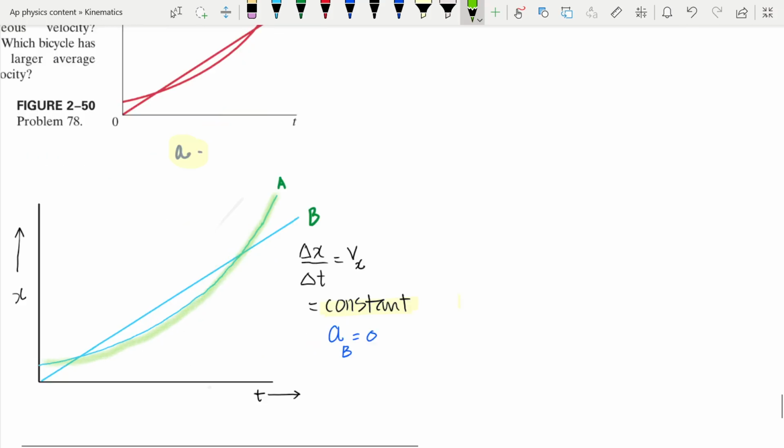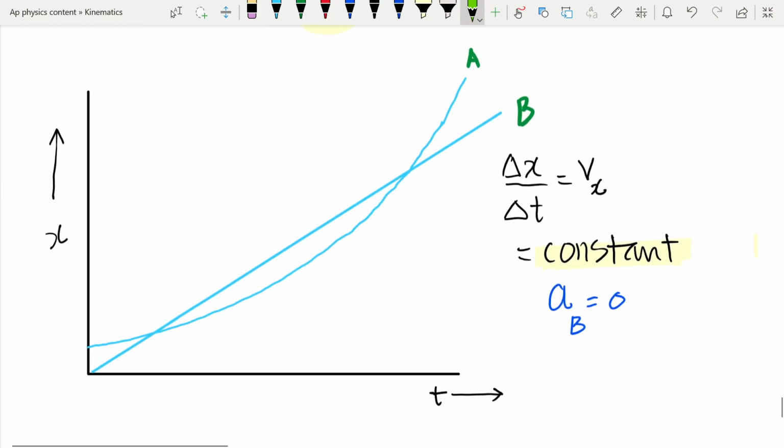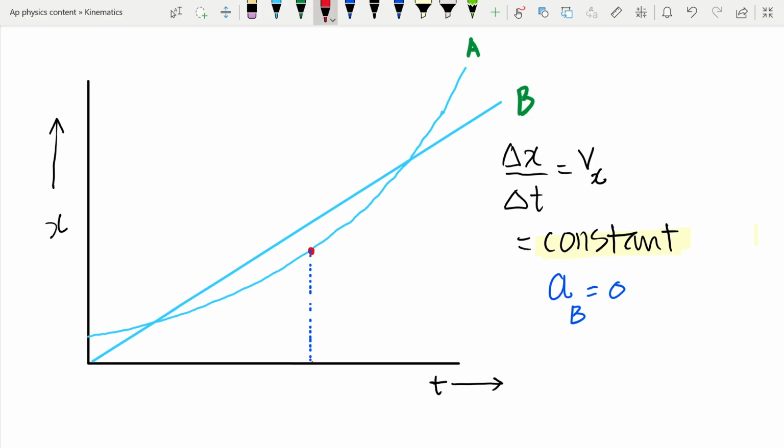is changing. Now let me show you by zooming in that there is only one instant of time where both velocities are equal, which is almost at this point. So students, this is the time at which we can see that the velocities will be equal. And why is that?